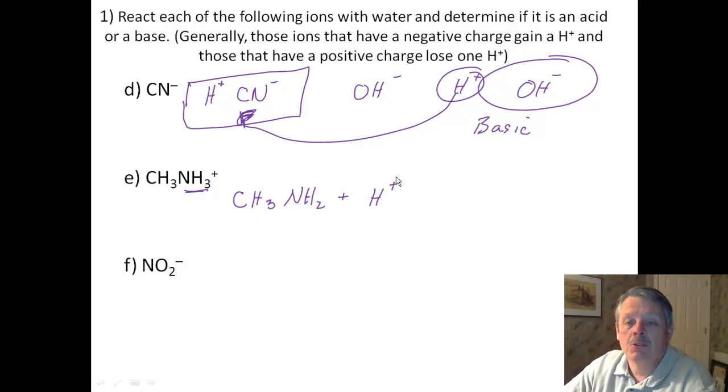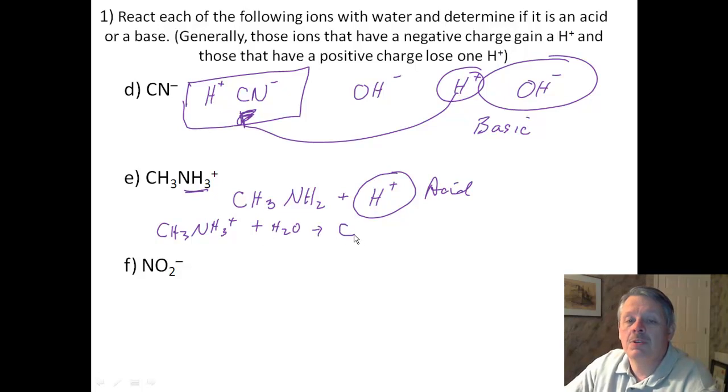This is a proton donor, so all of a sudden there are excess H plus ions running around in the water, so that makes it an acid. Right, now again, you can write it this way. You could write it as CH3NH3 plus water gives you CH3NH2 plus H3O plus, if that's the way you wanted to write it. Either way is fine. So long as you understand the concept, I'm happy.